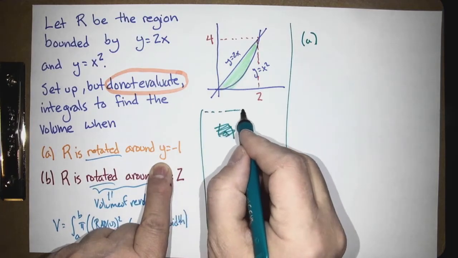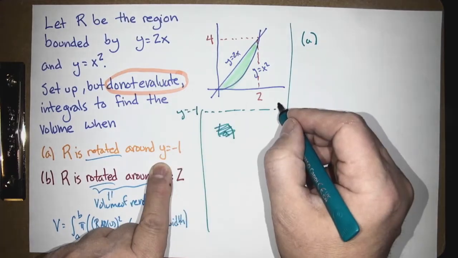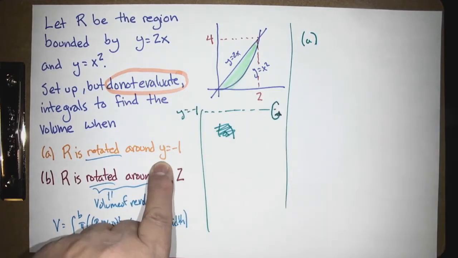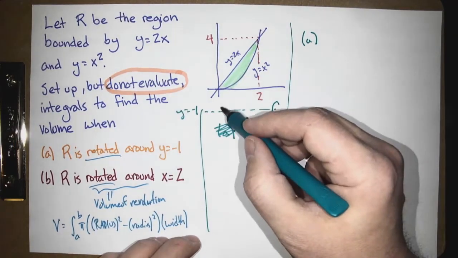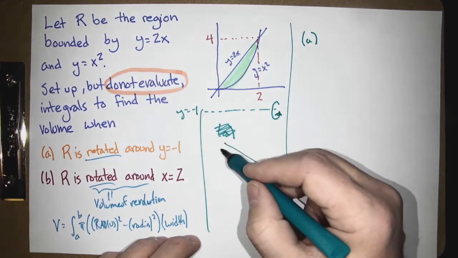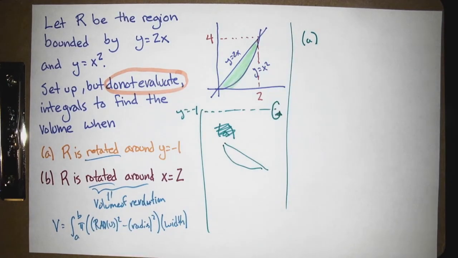So we dash here. Here's y equals -1. And we are spinning. In this case, when we spin, we're going to end up forming a solid.